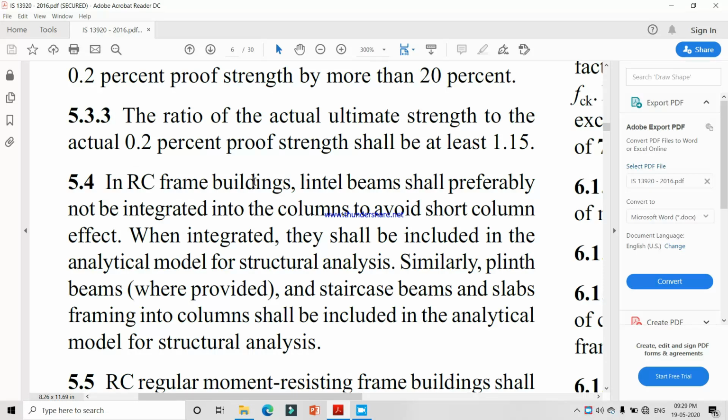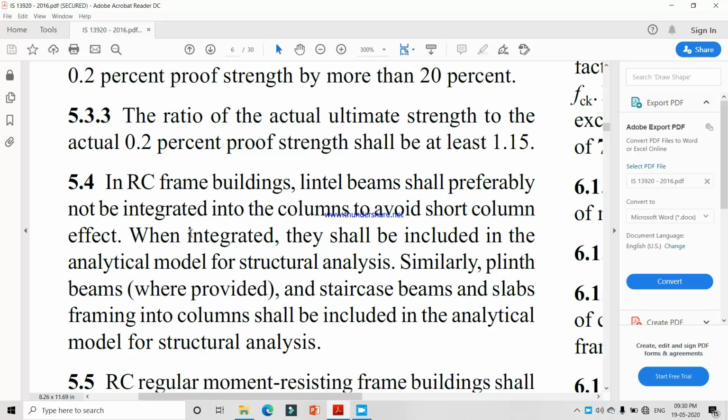In an RC frame building, the lintel is not added into the column. The lintel does not enter into the column, to avoid the short column effect.